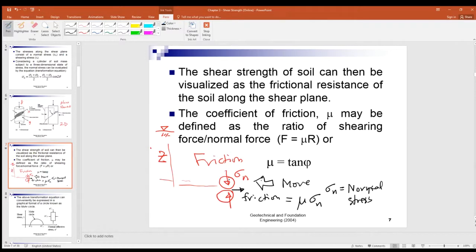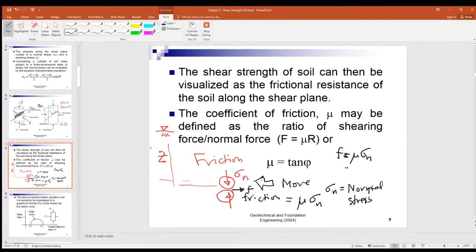It's the stress you are compressing the two soil particles with each other. If you multiply this normal stress with the friction coefficient, you get the friction. So that is the friction, F. So F equals mu times sigma n, okay?